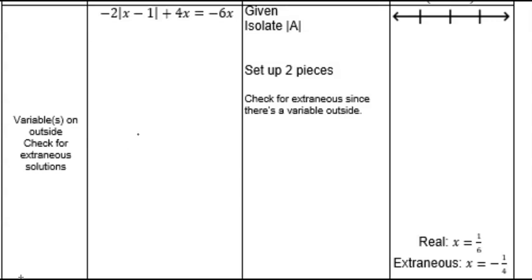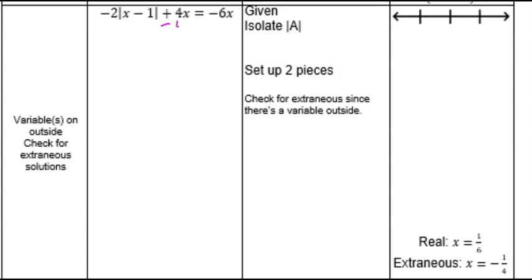Alright, let's look at the last example from this table. This one we're going to check for extraneous solutions at the end. So we're given the absolute value equation, -2 times the absolute value of x minus 1 plus 4x equals -6x.